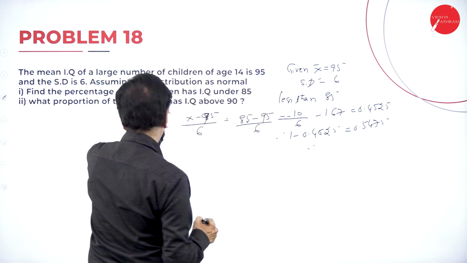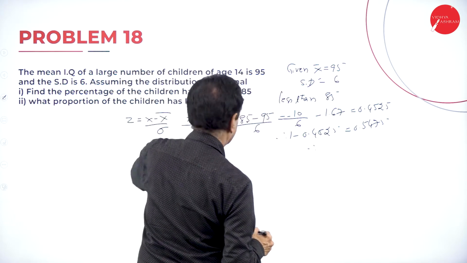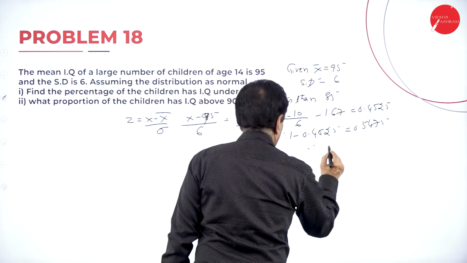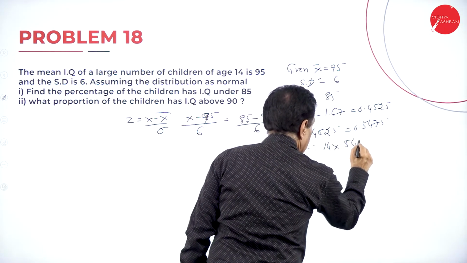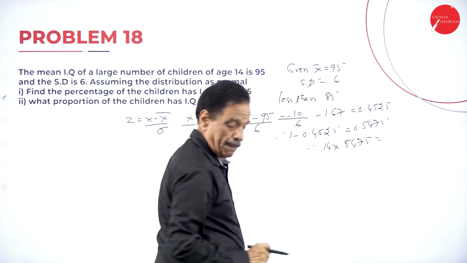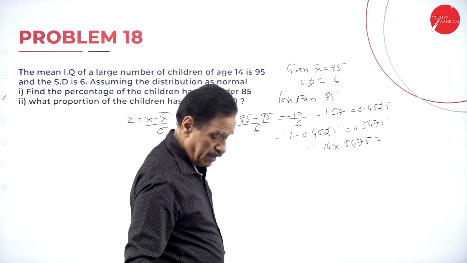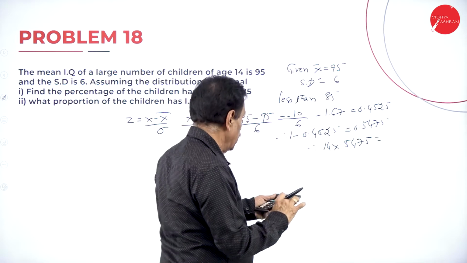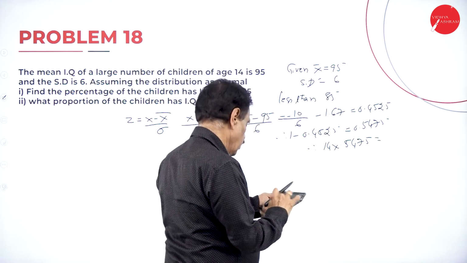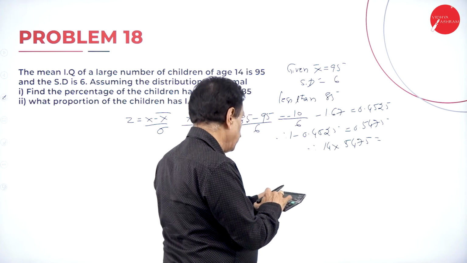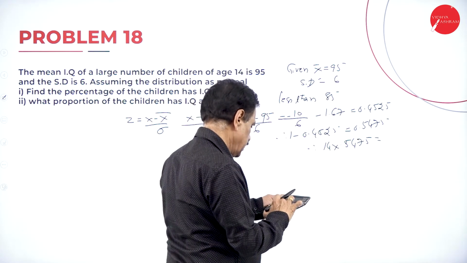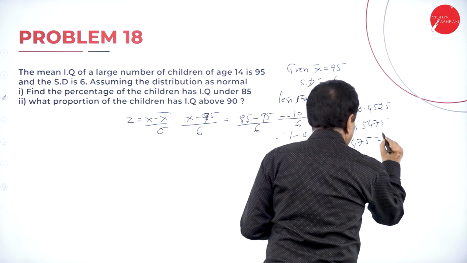Find the percentage of children who have that IQ. So here, 14 into 0.5475 is 7.66.